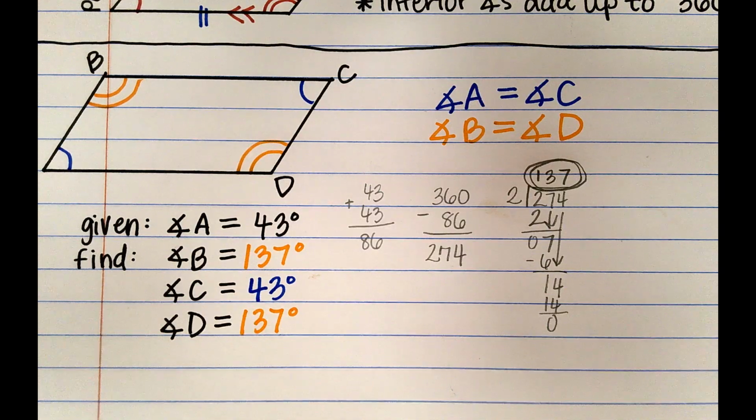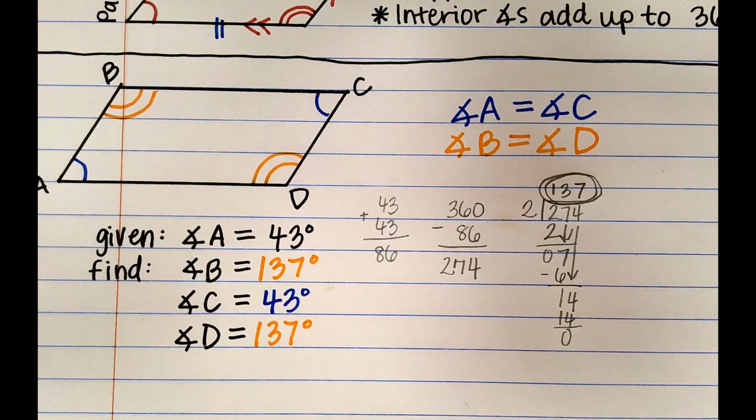So let me show you a visual before I give you a formula. I'm going to use a clear sheet here. I'm going to trace my angles so that I can demonstrate something to you.